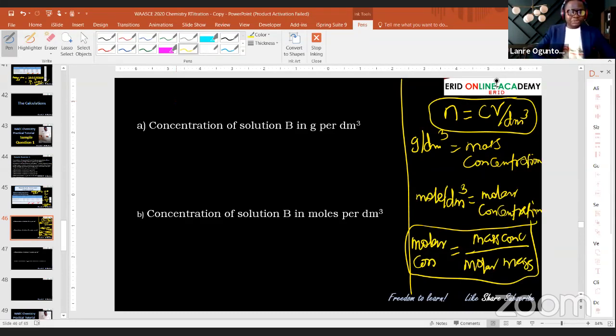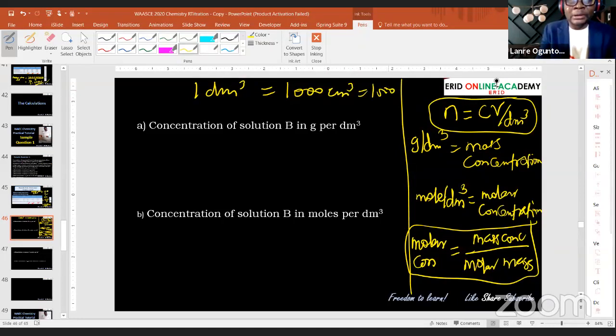Concentration in grams per dm cube simply means the mass of a solute that is dissolved in 1 dm cube, and 1 dm cube is equal to 1000 cm cube, or 1000 mL. That is 1 dm cube.